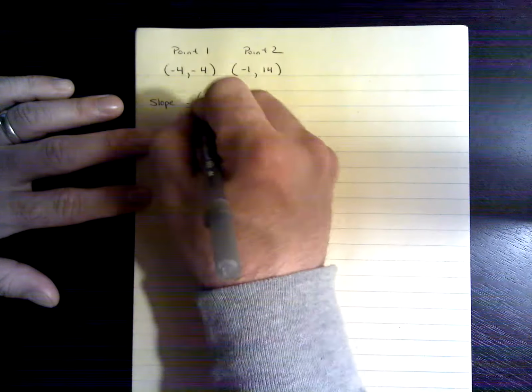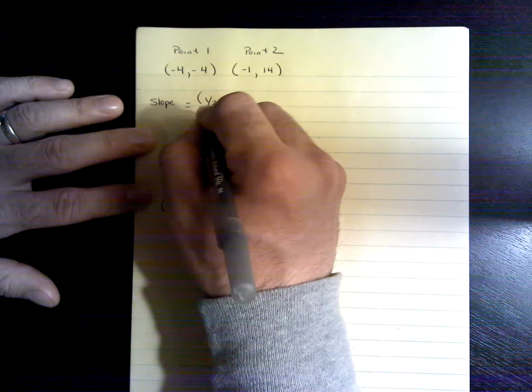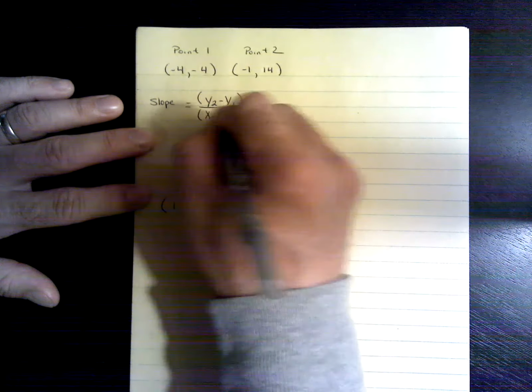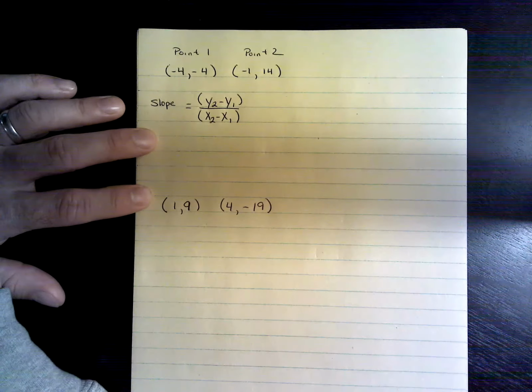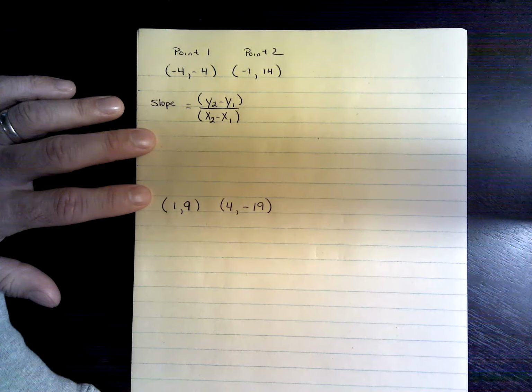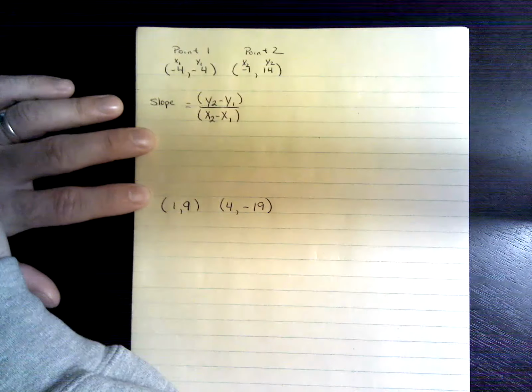So our slope formula is actually going to be y2 minus y1 over x2 minus x1. In order to get the x2 and x1 values, we use point 1 and point 2, and all I'm going to do is label their parts: x1 and y1 for point 1, and x2, y2 for point 2.